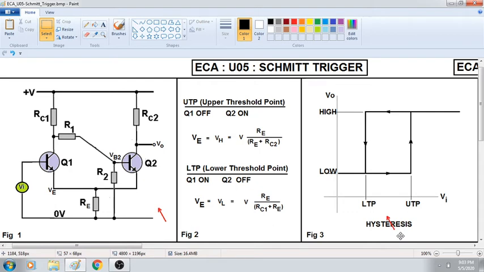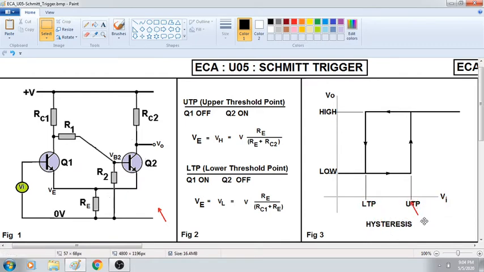displaying hysteresis? So in this case, every such circuit will have 2 points. One is called the lower threshold point, the other one is called the upper threshold point. It could be something else also, but essentially there will be two different values for the input voltage.